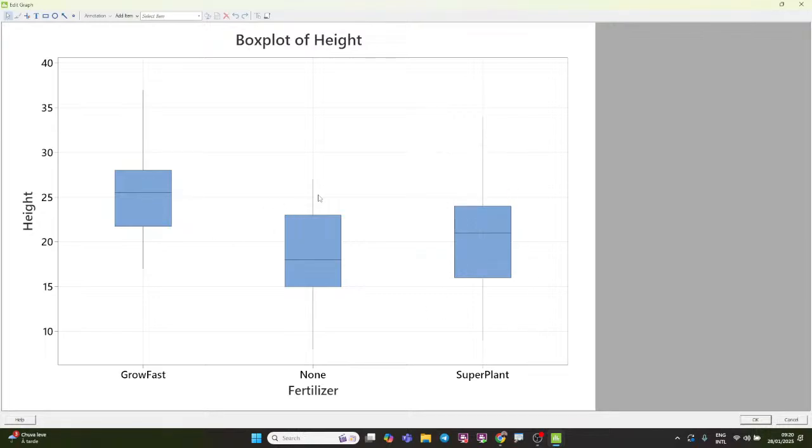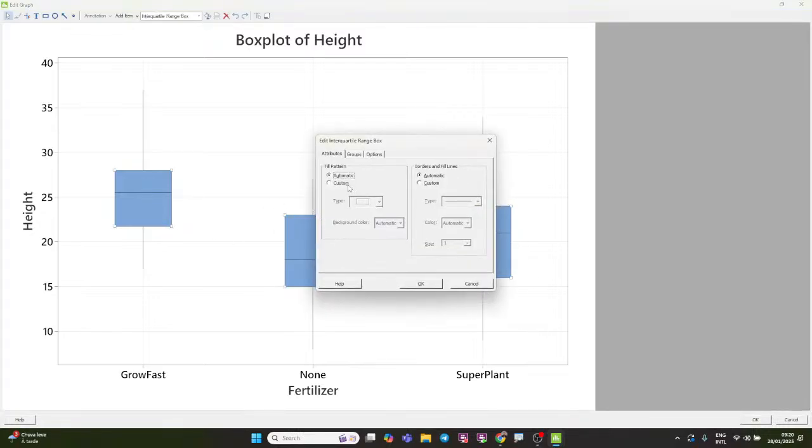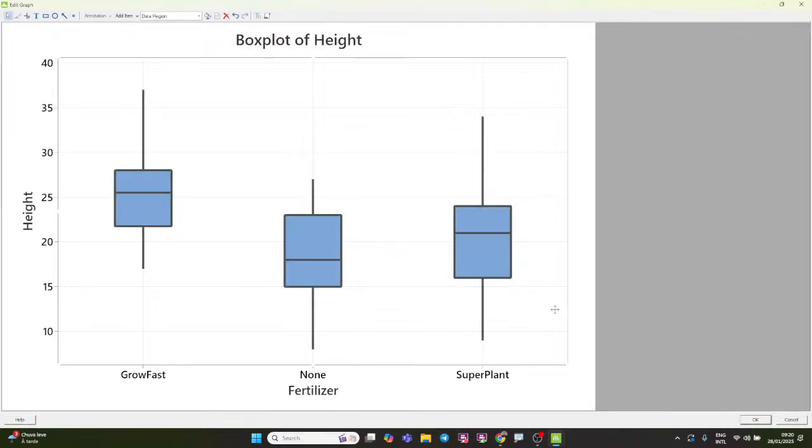Can you guys see that? Type yes if you can see.